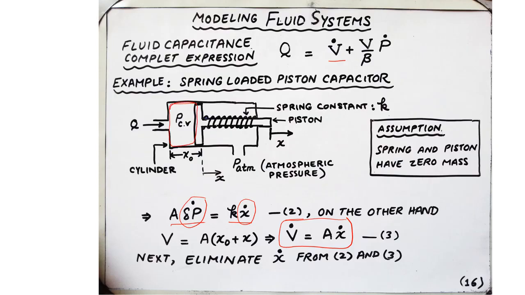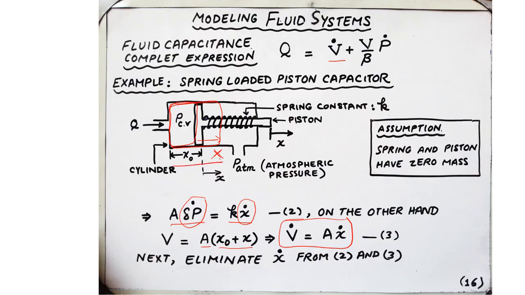This V is basically A times the height, since it is a cylindrical part, so the volume of the cylinder is the cross-section area times the height, which is the displacement in this case. As this piston moves forward by displacement x, the volume will be increased to this point. So depending upon the value of x, the volume is going to change.